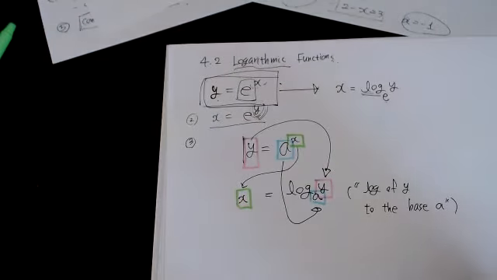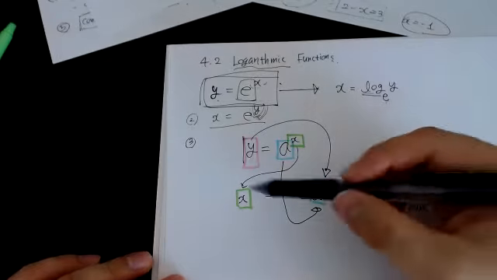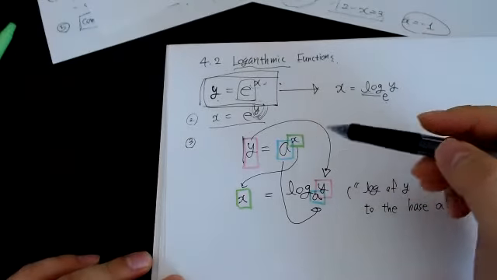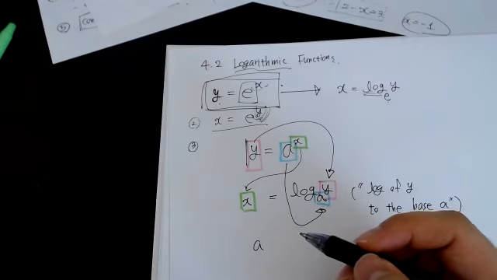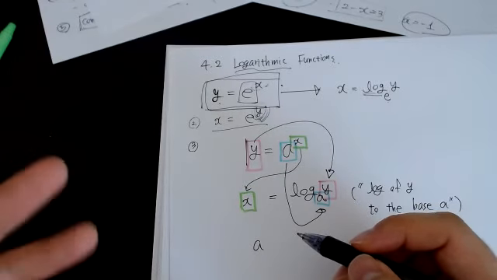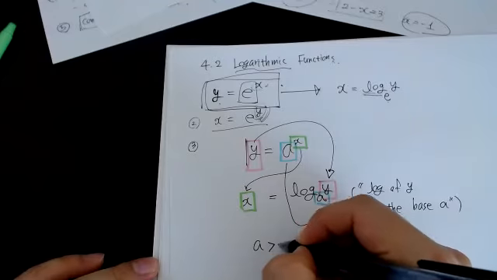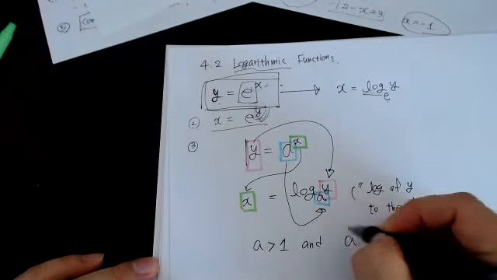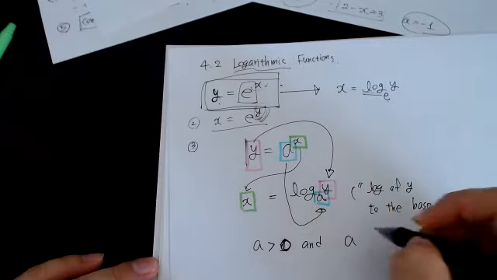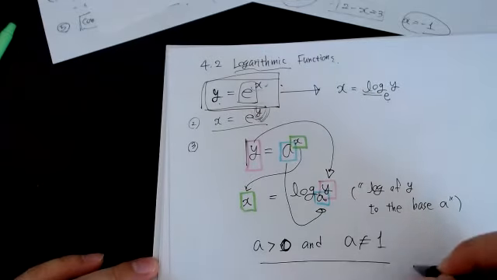Since we got this from the exponential functions, a must satisfy the conditions in the definition of the exponential function, which means a must be greater than 0 and a is not equal to 1. Keep in mind this.